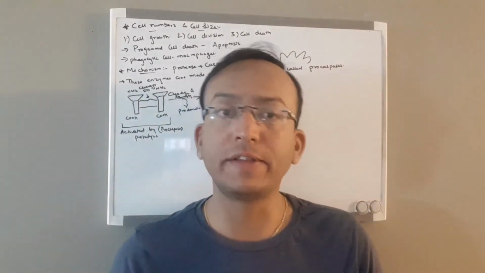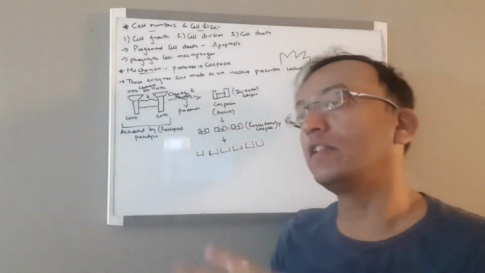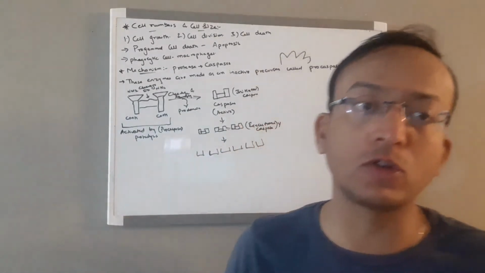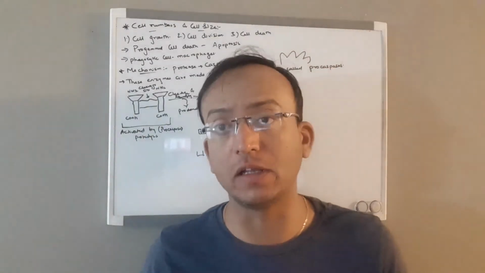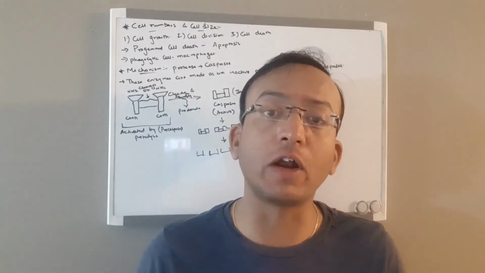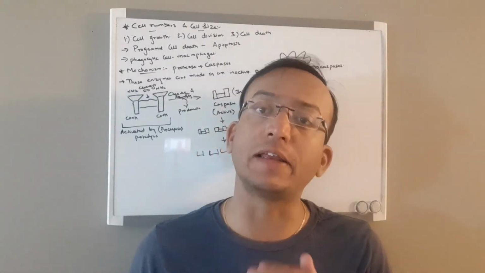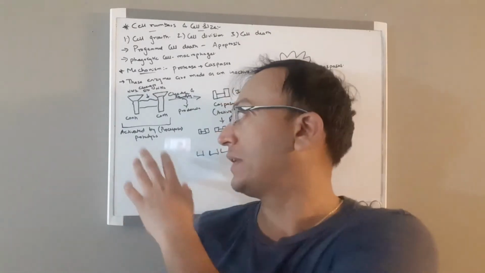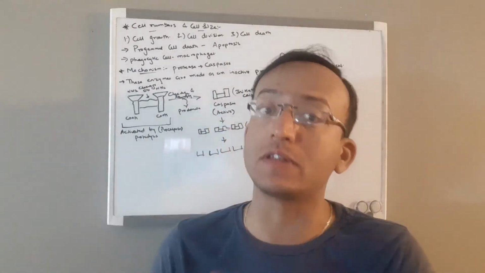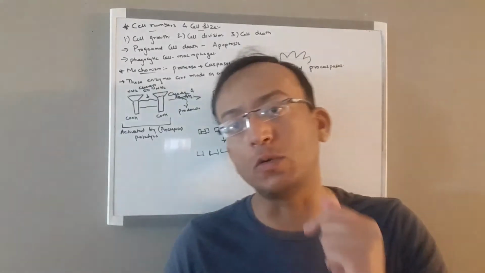Right, so how is the entire apoptosis process controlled? All nucleated animal cells contain the seeds of their own destruction, right? In every cell, inactive procaspases lie waiting for a signal to destroy the cell.